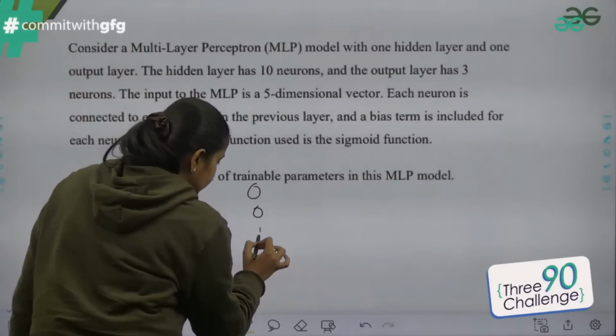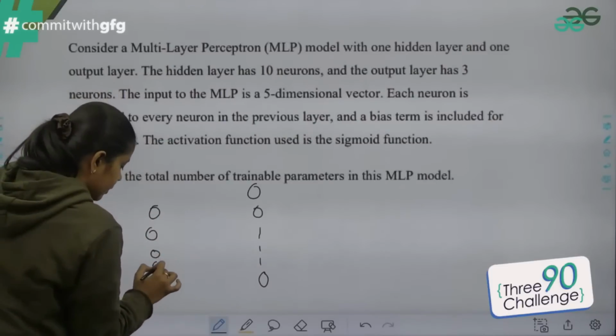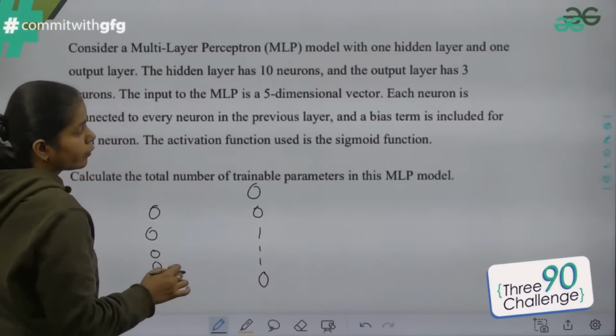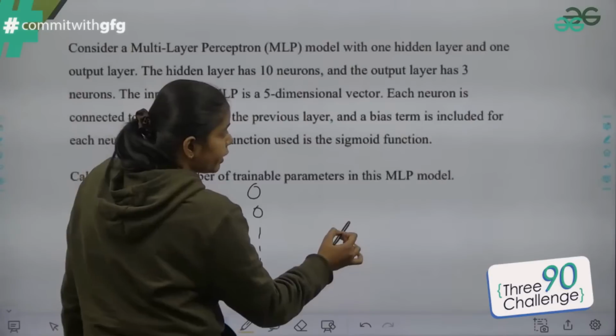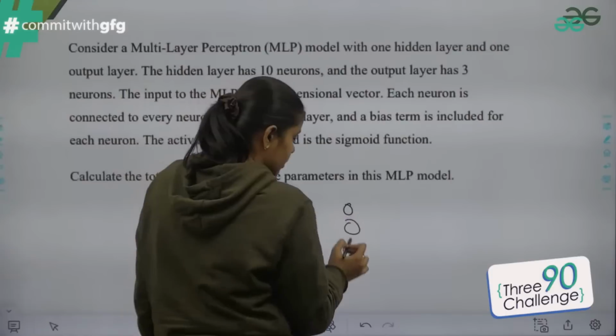We have a five-dimensional input vector, and the output layer has three neurons.